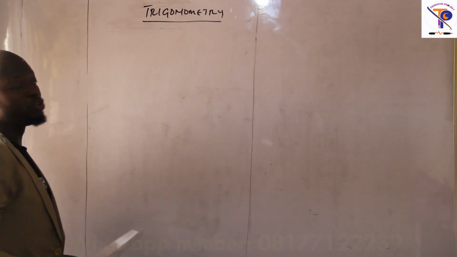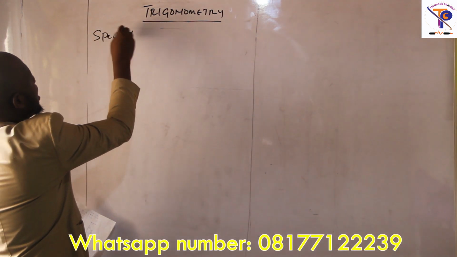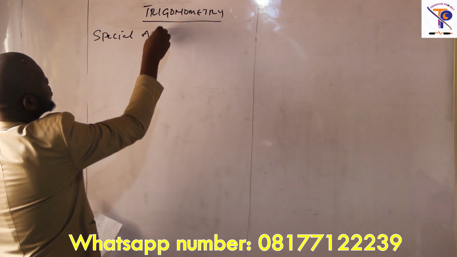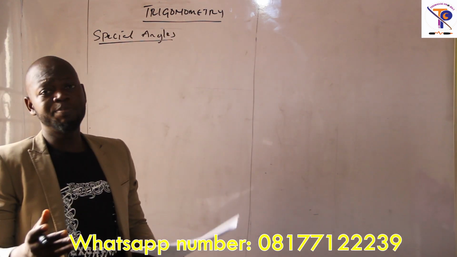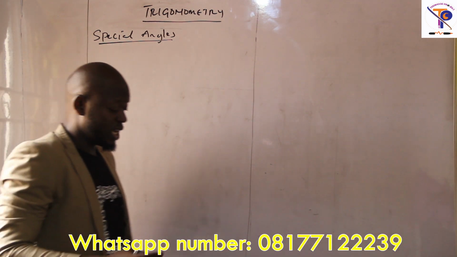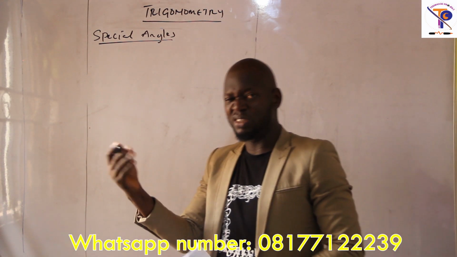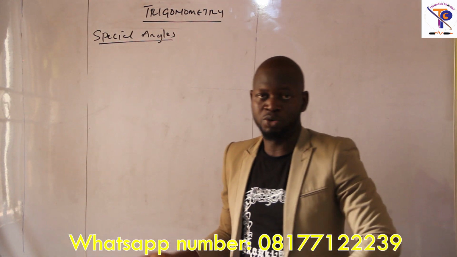And today we want to move to special angles. The special angles we are going to be talking about are just three for now. With time, when we get to a graphical aspect, other ones will just come through naturally.